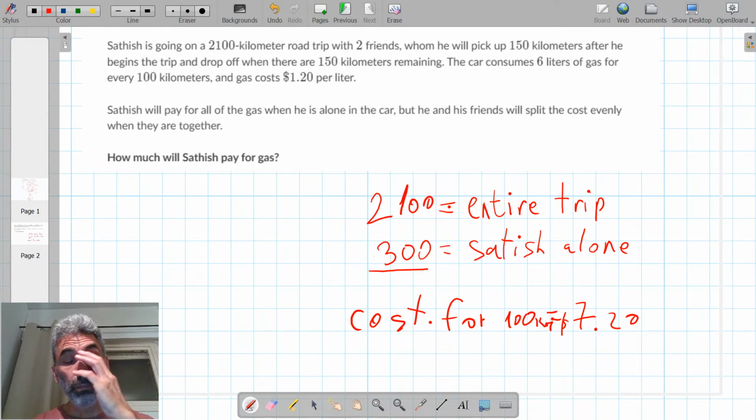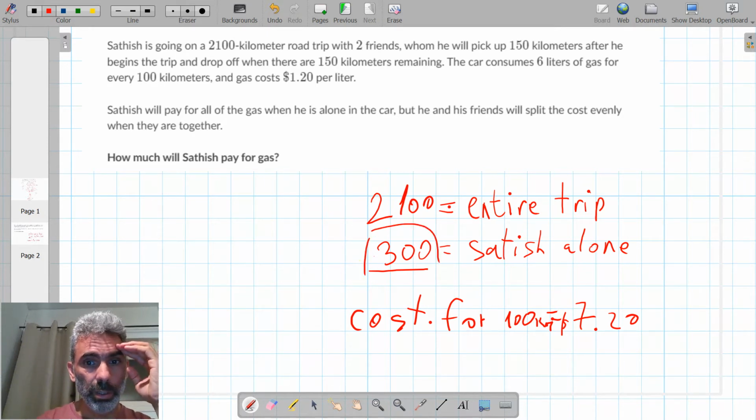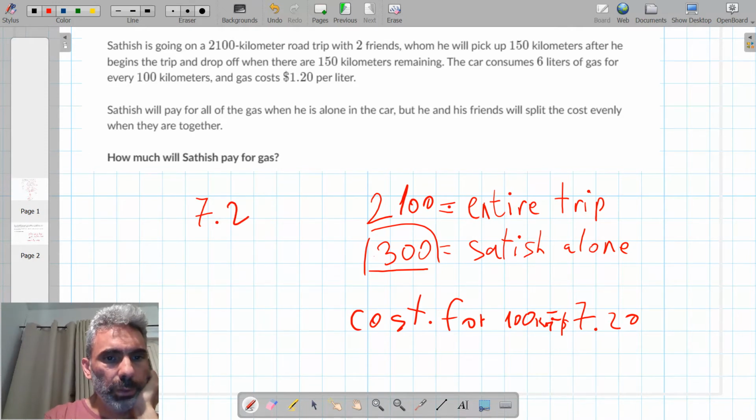Now for the part where Satish is alone, he needs to pay 3 times as much, because this is the cost for 100 kilometers. So for this part, Satish needs to pay $7.20 times 3. 3 times 7 is 21.